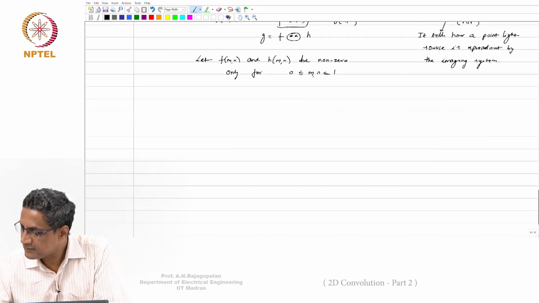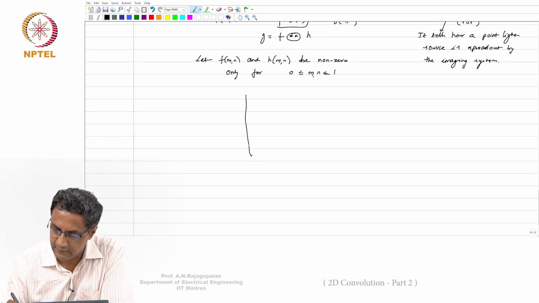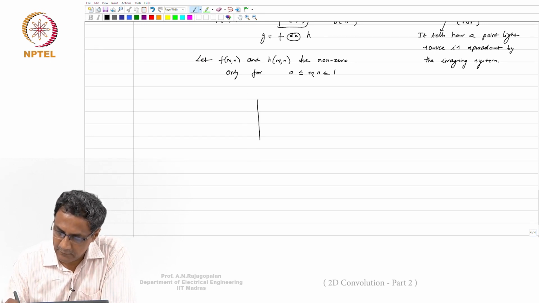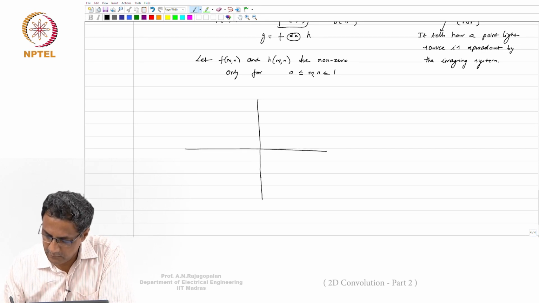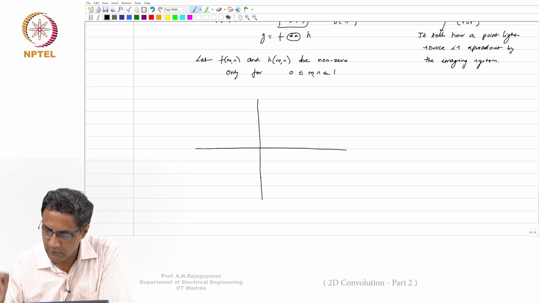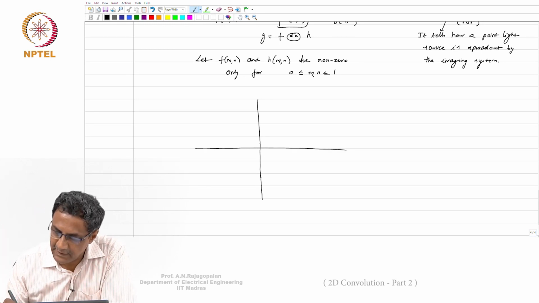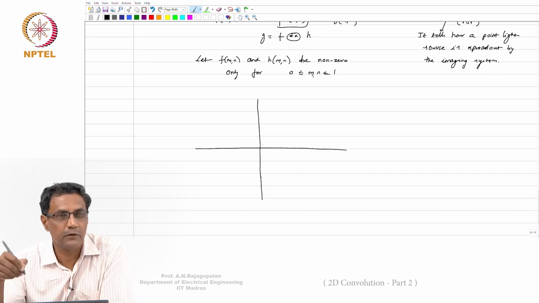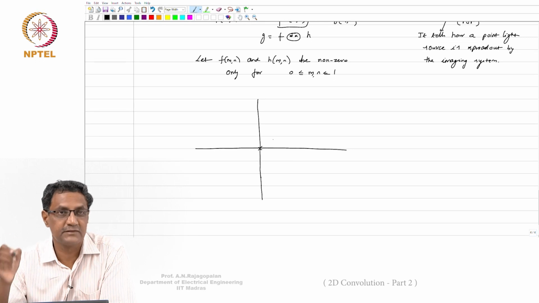So what that means is that on the grid, and the same thing will hold for both, I'll just draw one grid. Suppose I indicate by a cross that a value exists there.